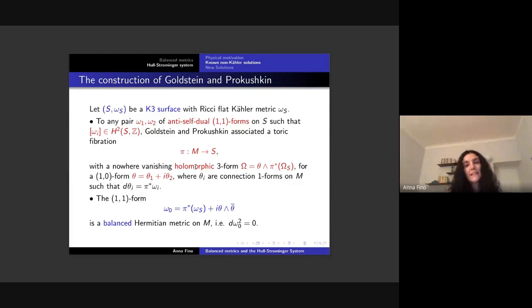And then it is easy to construct a balanced Hermitian metric, because you just take i theta wedge theta bar, which gives you a (1,1)-form, and you add the pullback of the (1,1)-form omega S on the base. And then what you get is a balanced Hermitian metric, because if you compute the differential of the wedge square of omega, this is 0.